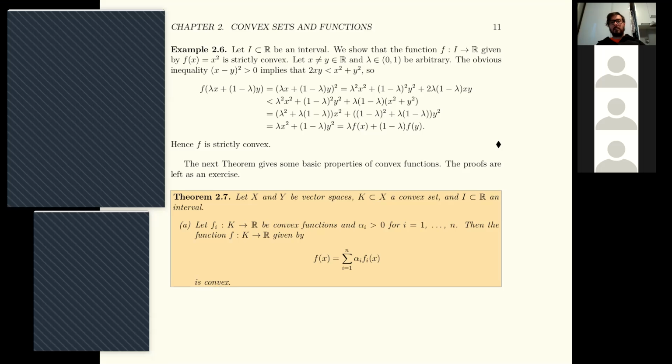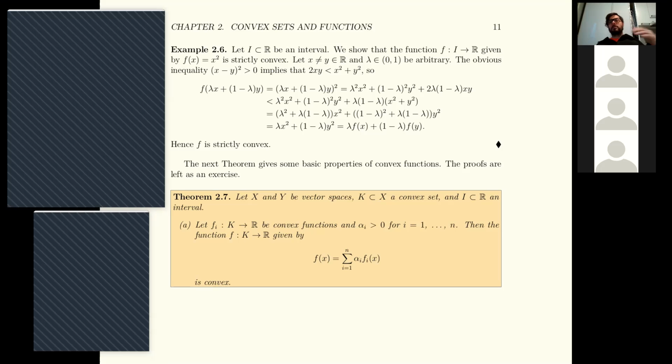And by positive linear combination, we mean that each fi is multiplied by a positive number, and then these results are added together. So we have a coefficient for each f, which is more than 0. Then this function is in fact convex.